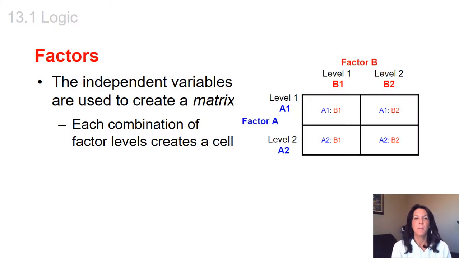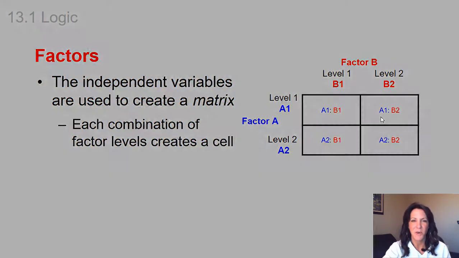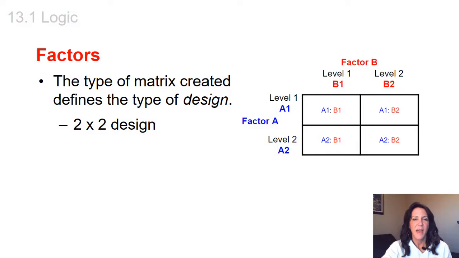So these independent variables are used to create a matrix. Each combination of factor levels creates a cell. When we talk about a cell, we're talking about the individual boxes here. So this is the A1B1 cell, this is the A1B2 cell, etc. And the type of matrix that we're looking at defines the type of design.